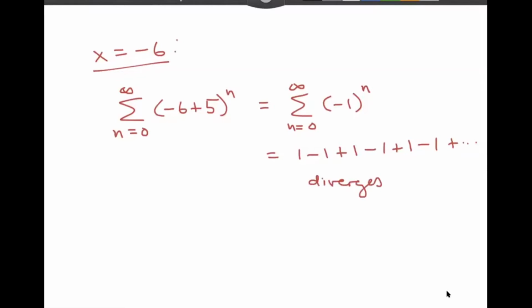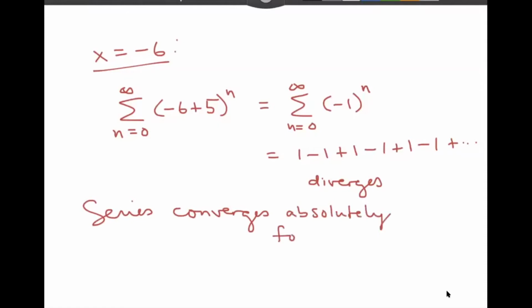All right, so this power series converges absolutely for x between -6 and -4. Diverges elsewhere.